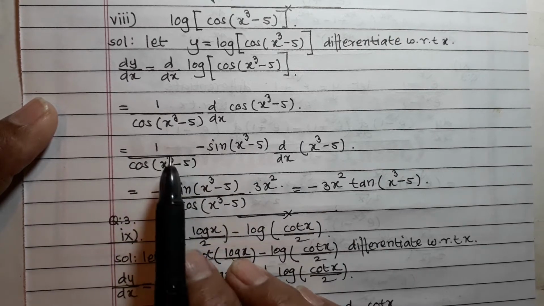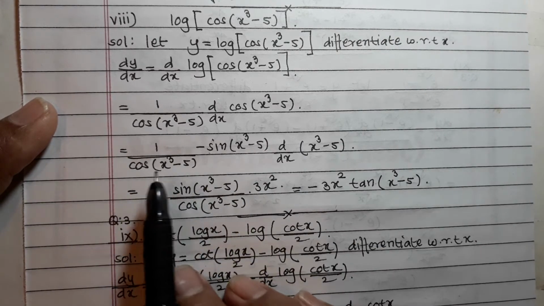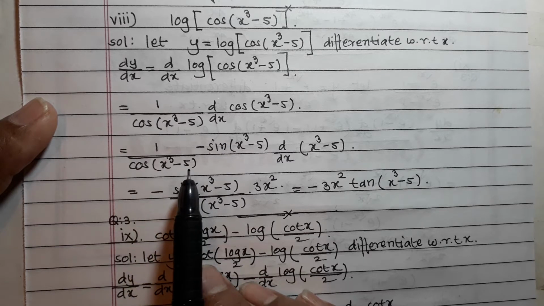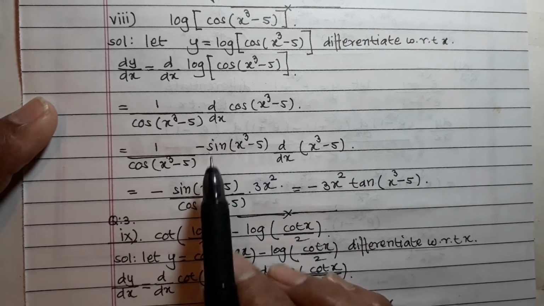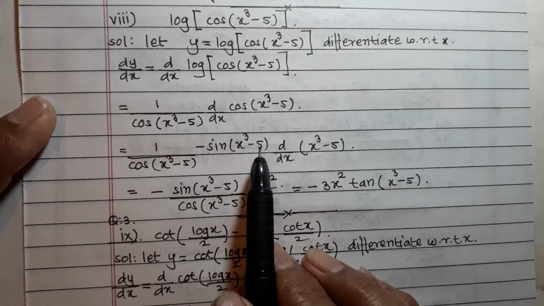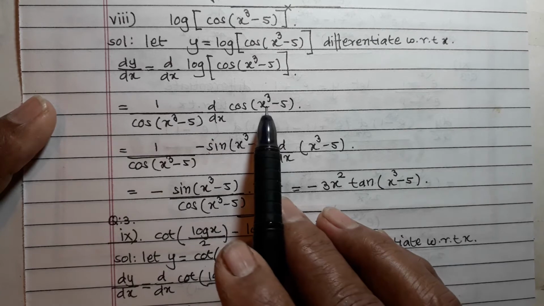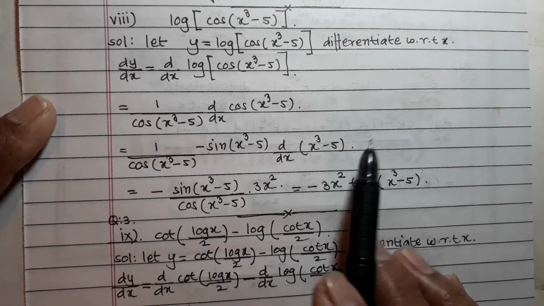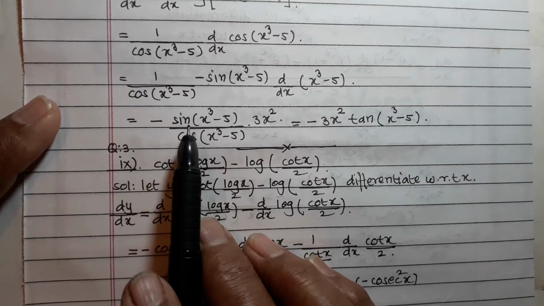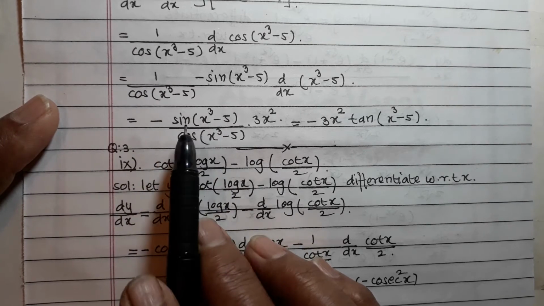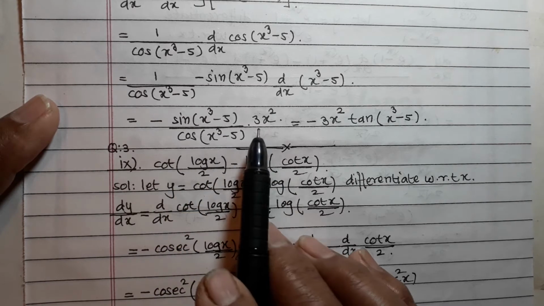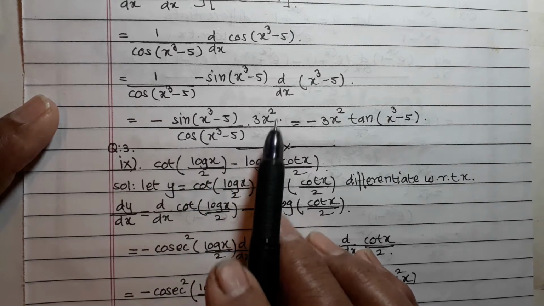So it is equal to 1 upon cos of bracket x cube minus 5, derivative of this is equal to minus sin x cube minus 5 and derivative of x cube minus 5, and is equal to minus sin x cube minus 5 upon cos x cube minus 5 into 3x square.